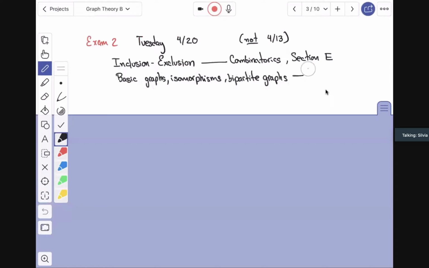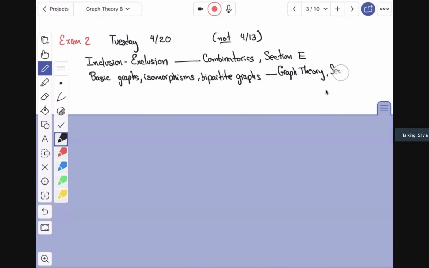Which is graph theory, sections A, B, and C.